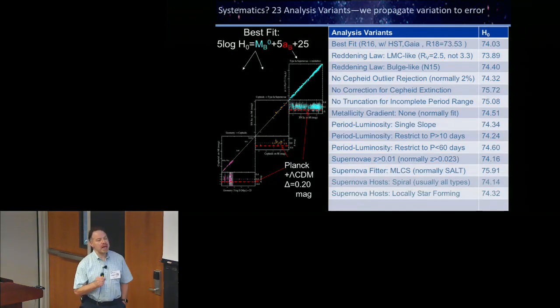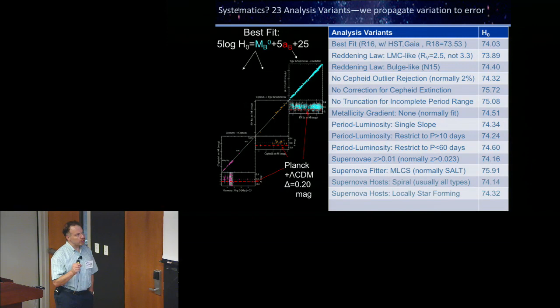Now, we looked at many variants of ways of doing the analysis. Even though we weren't that sensitive to them, we needed to consider them anyway. These are the things that people worried about in the past. Are we assuming the right kind of dust in these galaxies? How do we reject outliers? Not every blinking star you see is a Cepheid. Most of them are, but not all of them. What period range do you assume a linear relationship over?